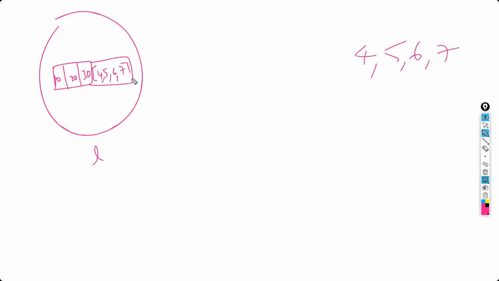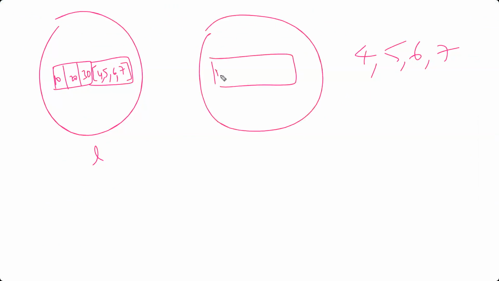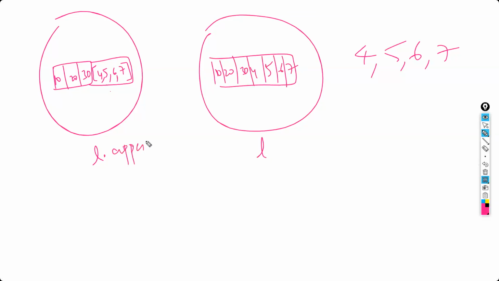Now, if I want to add not as a single item, but separately, 4, 5, 6, 7 like this. Which one do you want, this one or this one, as per the requirement? If you want this one, you have to use the append method. If you want this one, you have to use the extend method. The method name is called extend. That is the difference between the two. Here it will add as a single item. Here it will add as multiple items.